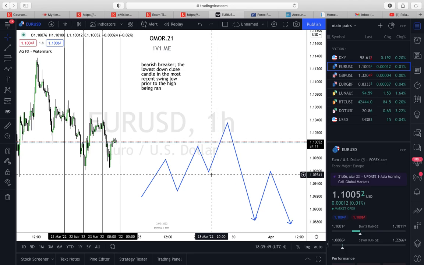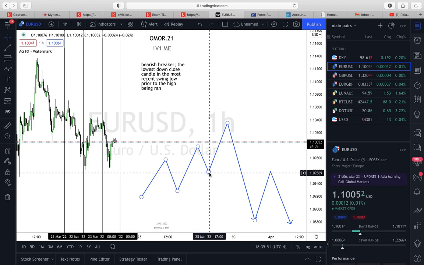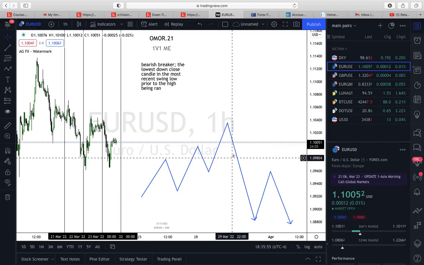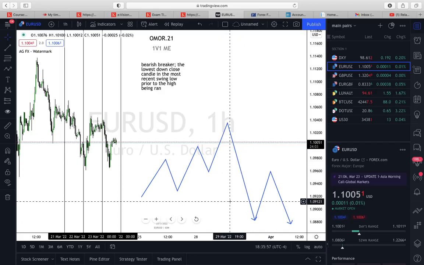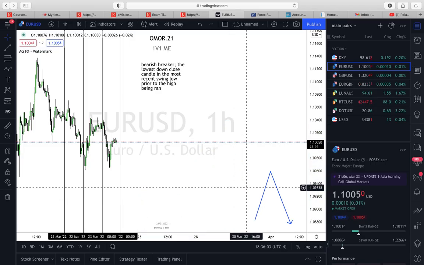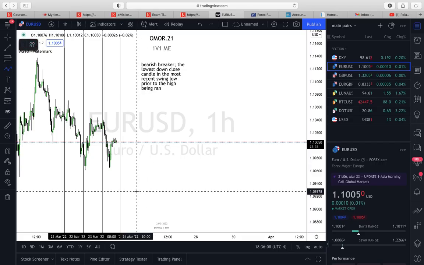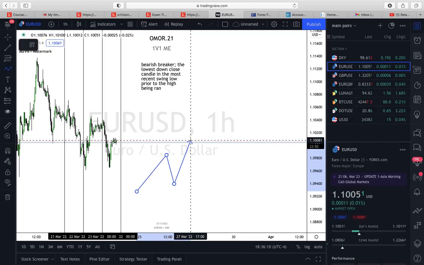Therefore, you go to this low. You go to the low that is in between the two highs before price moves below the low. That's the breaker. It could even be more complex and it could look something like this. It could look anything like this.